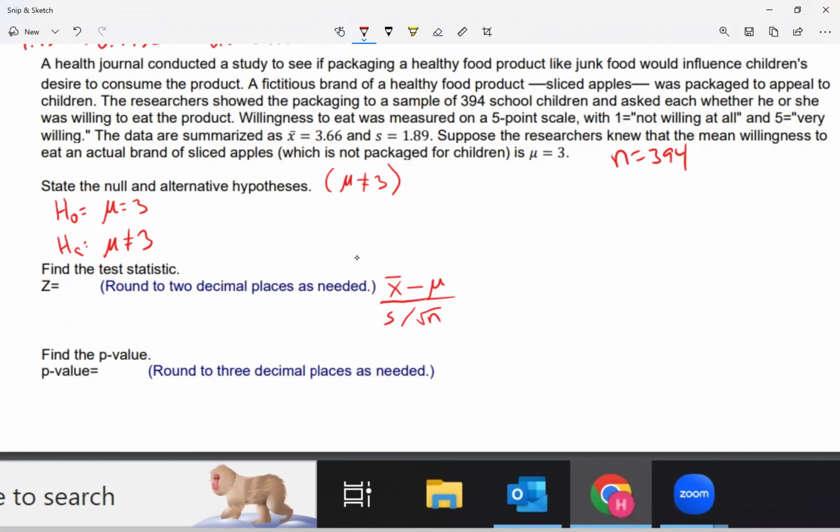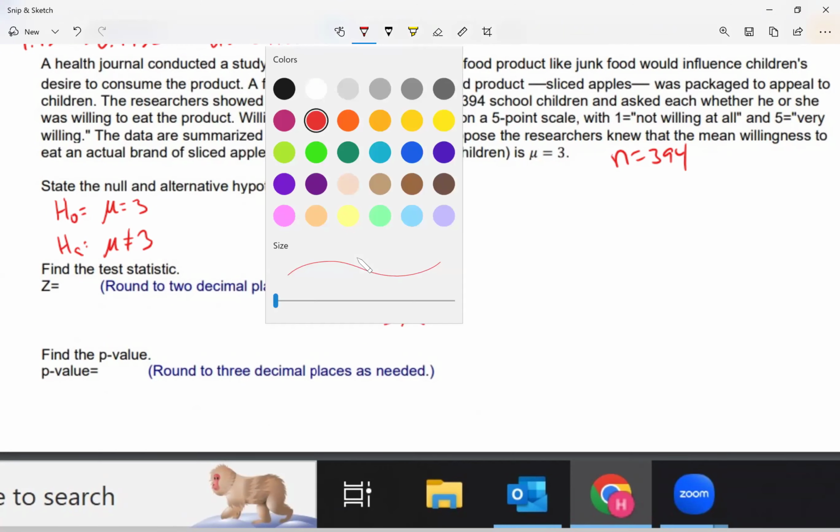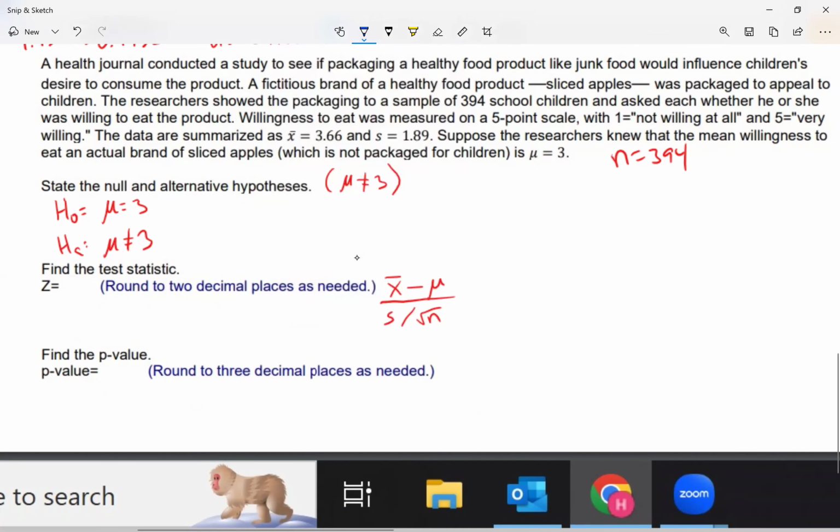So in this case, I'm going to go 3.66 minus 3 over 1.89 divided by, I don't have to write it as a fraction, I can just write divided by the square root of 394.